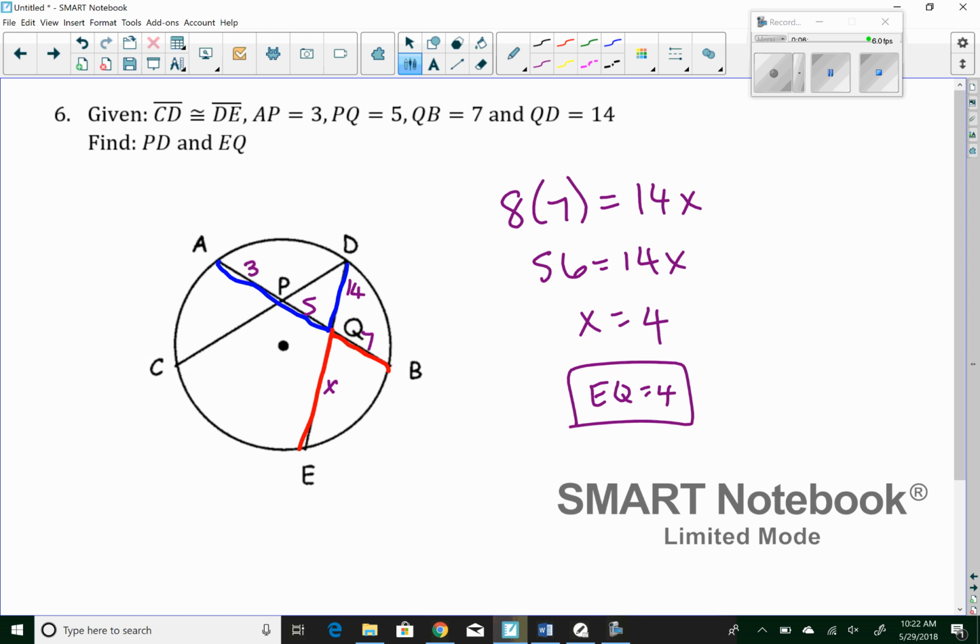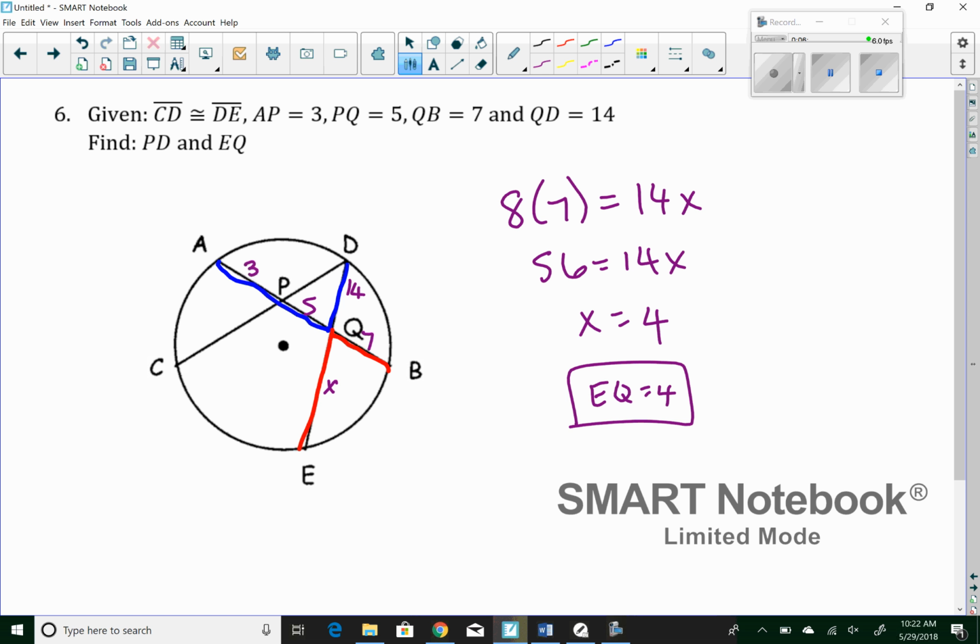Then we have to find PD. PD is a little bit different to find, so I would need to know something else about this picture. I know that CD and DE are the same exact size, but that doesn't necessarily mean they're cut at the same exact size.